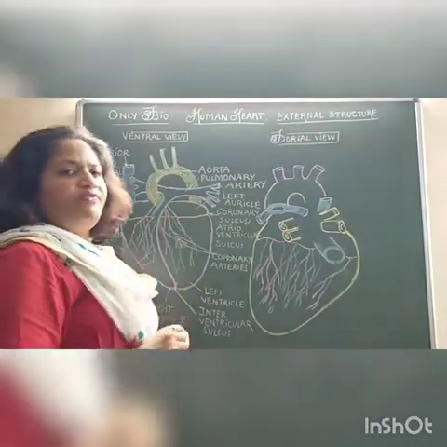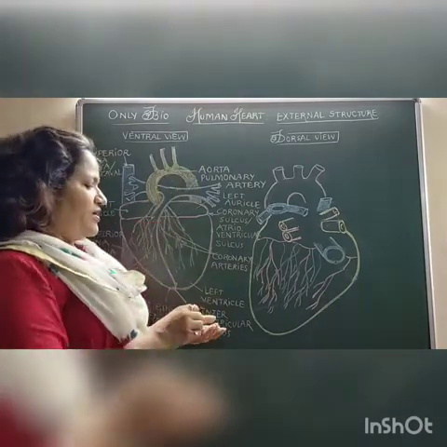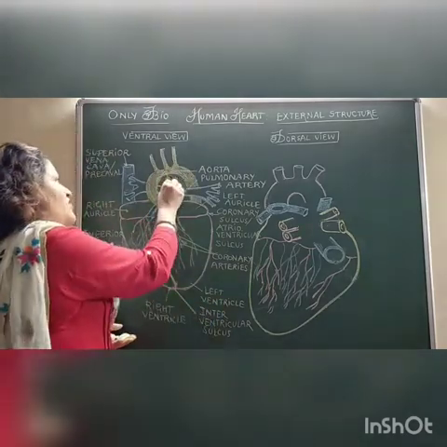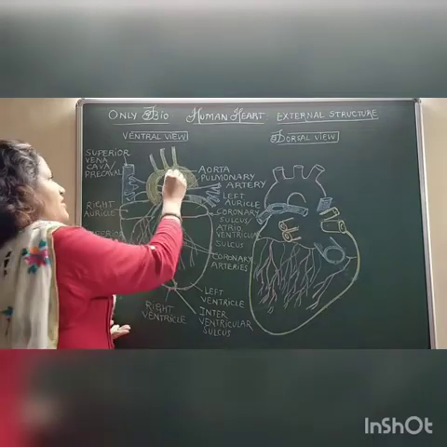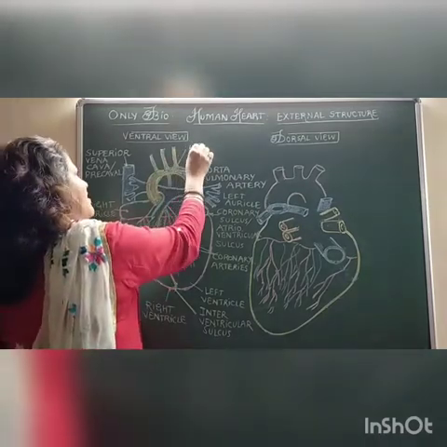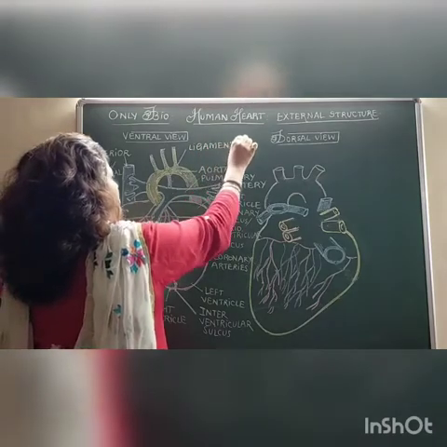Now there is one more point which I would like to tell you, that is the aorta and the pulmonary artery are connected with each other by a structure called the ligamentum arteriosum.